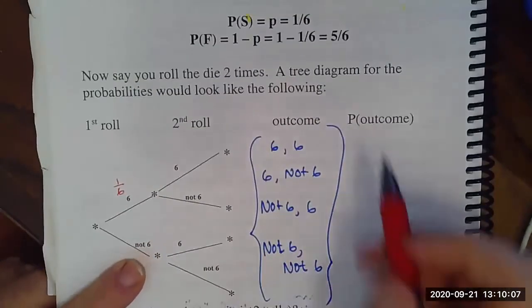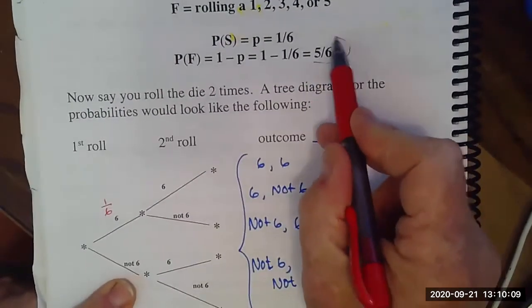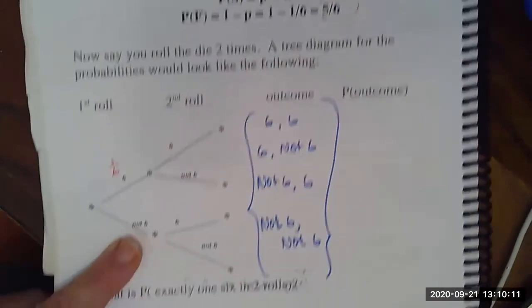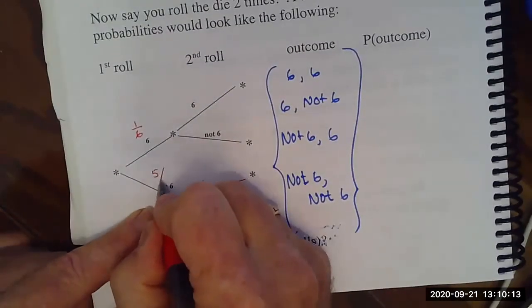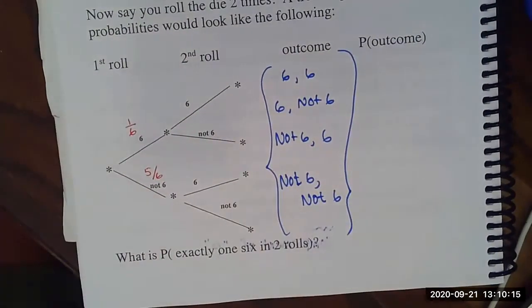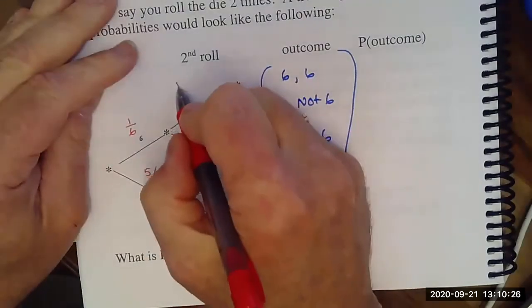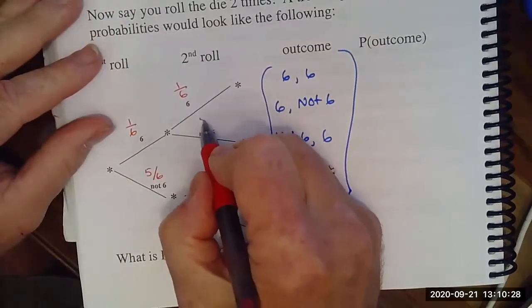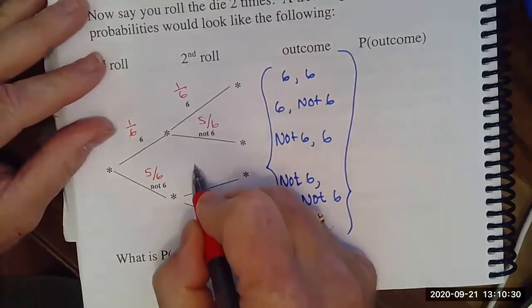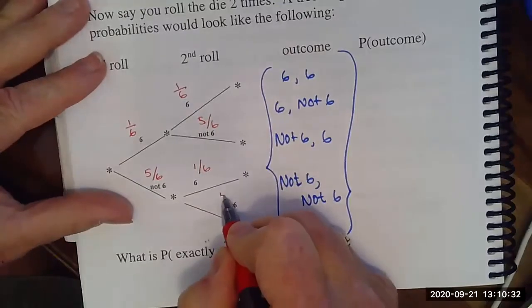Well, I can put it up here: 5 out of 6. So all the 6s have a probability of 1 out of 6, and all the not 6s, the probability of failure, is 5 out of 6.